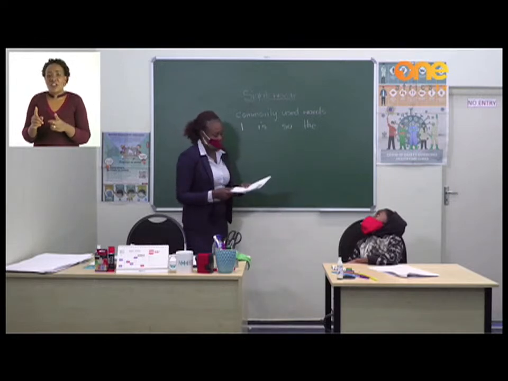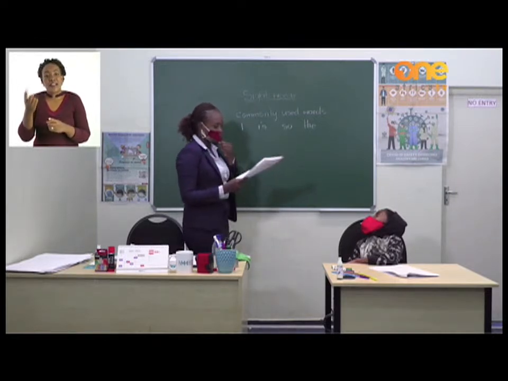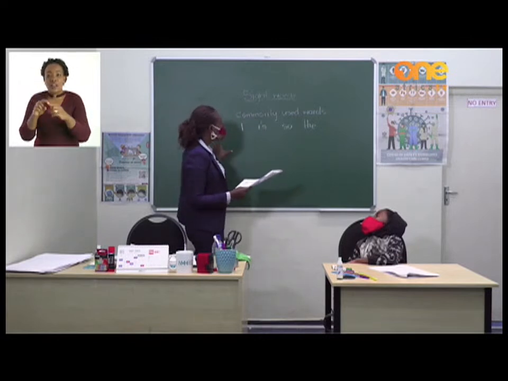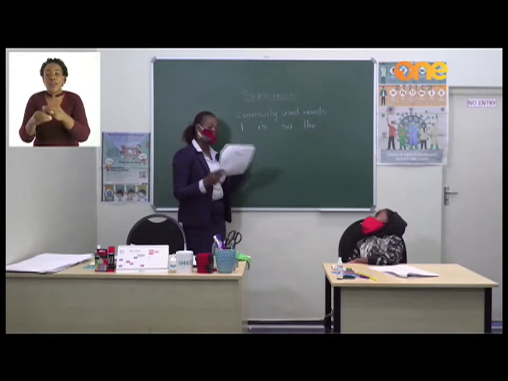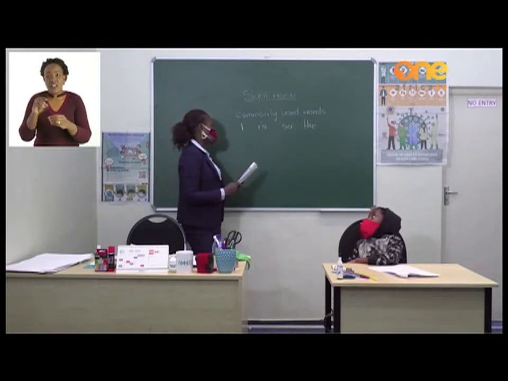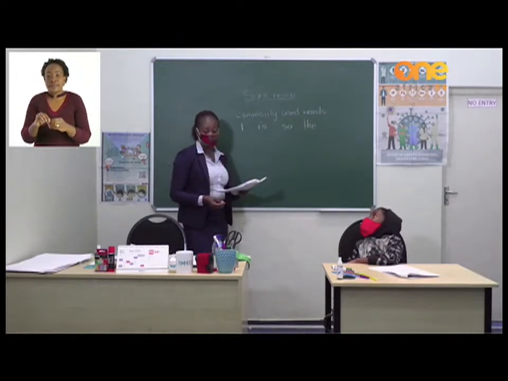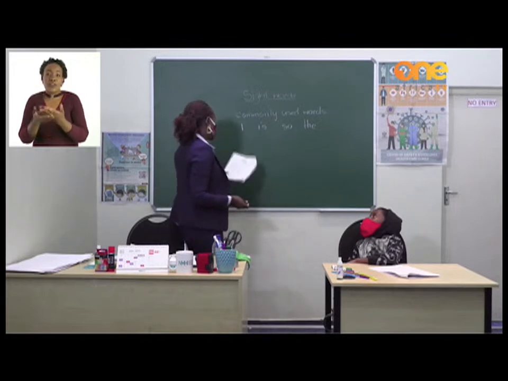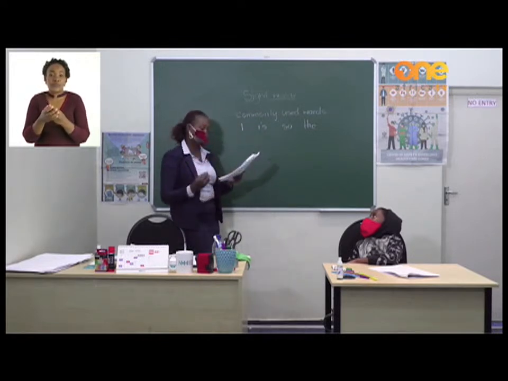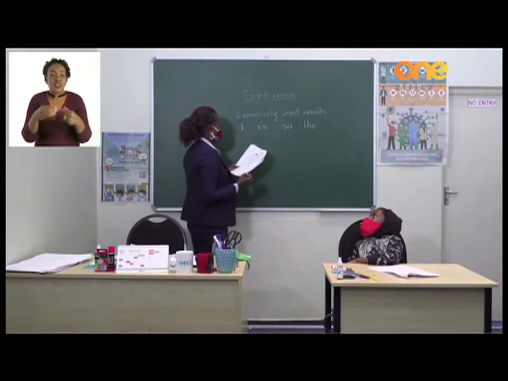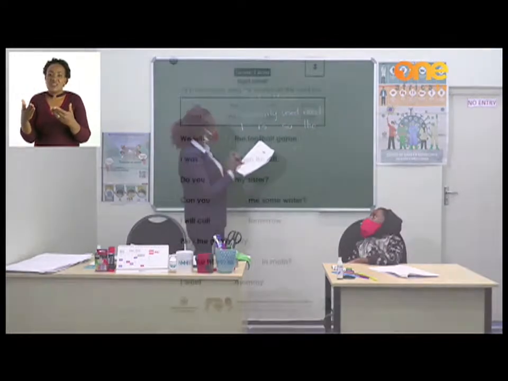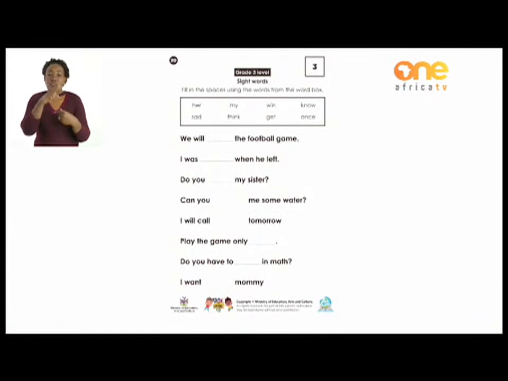We are given some sight words in the box, and you are going to fill in to complete the given sentences. Let me do the first two with you as well. We will dash the football game. What will happen? We will win. Okay? We are given a sight word, win. So, we will win the football game.